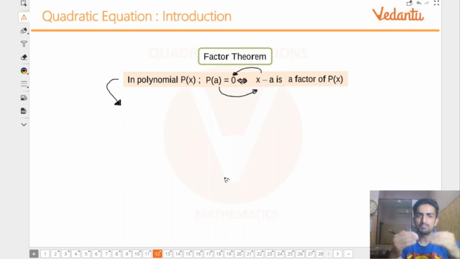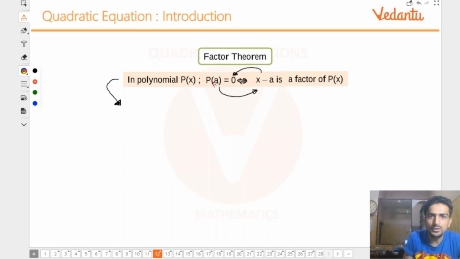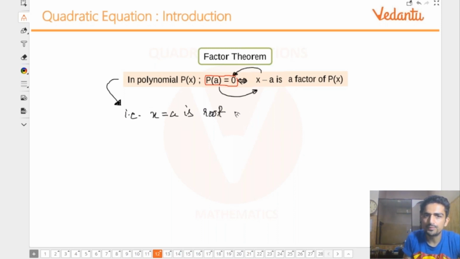Now let me just simplify it for you. I just concluded P of A equal to 0 means x equal to A is root of P of x. That is the meaning of P of A equal to 0.